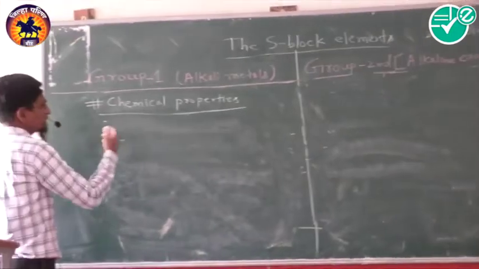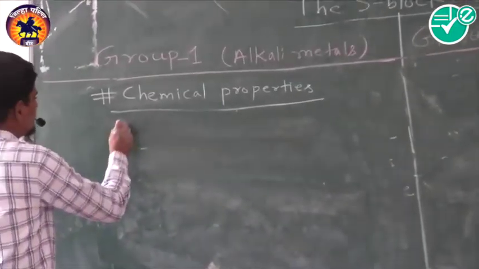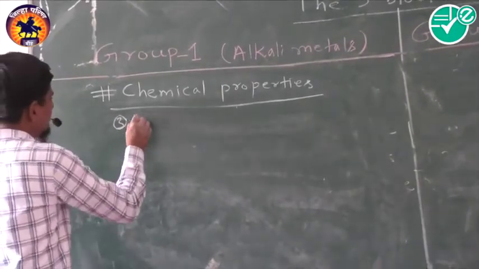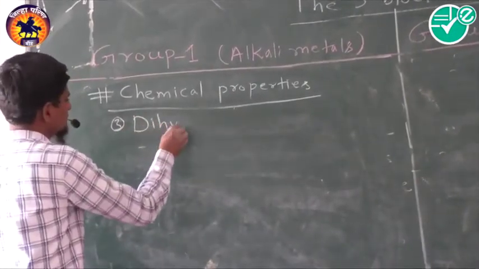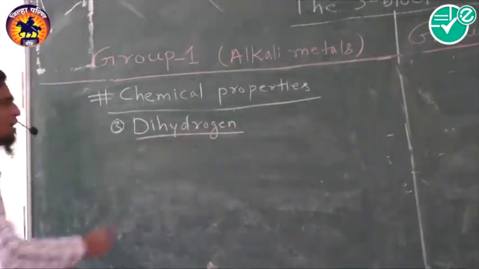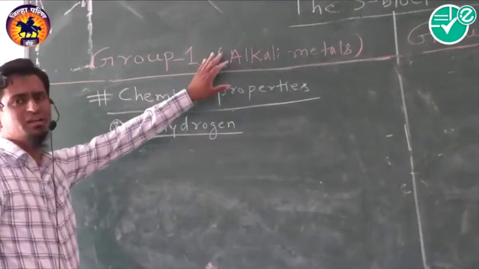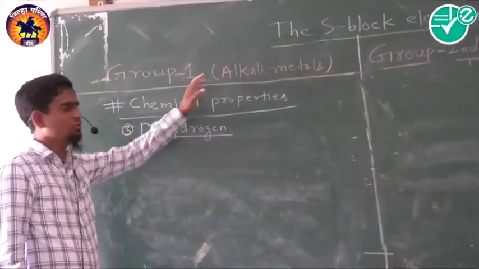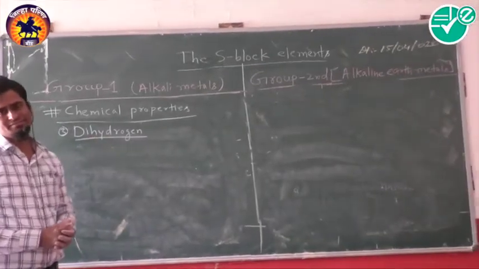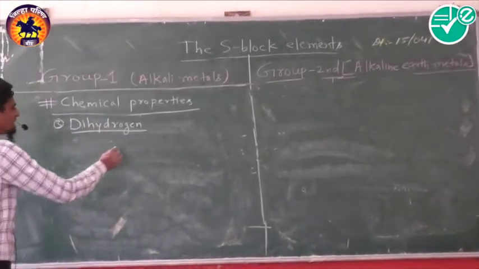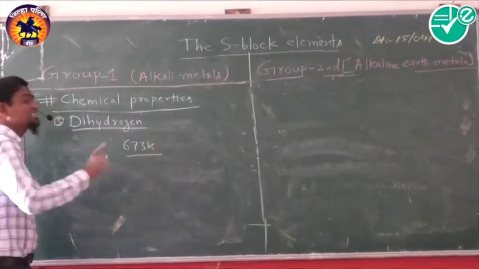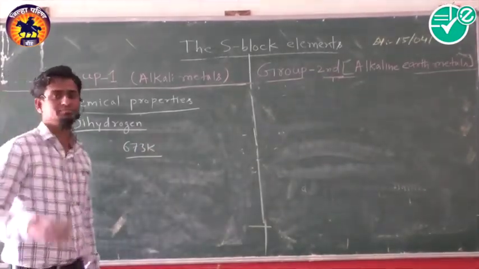Now come towards the reaction with hydrogen. The second one is with water, and the third one is hydrogen, or dihydrogen. Almost all alkali metals react with hydrogen and form ionic hydrides at 673 Kelvin temperature, except lithium.